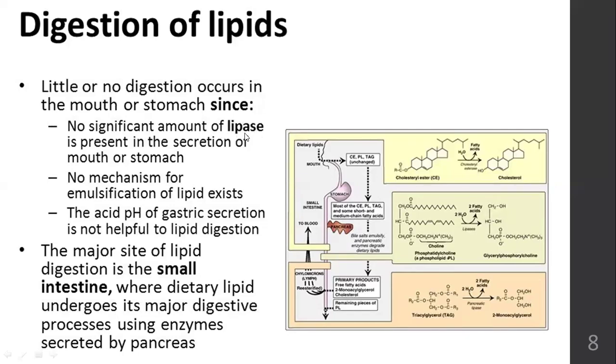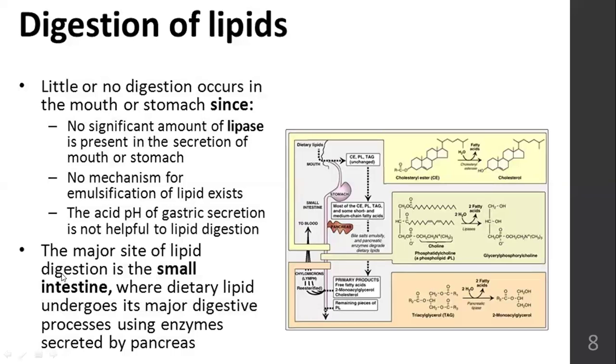Lipase is produced by your pancreas and secreted into the duodenum. The acidic pH of the gastric secretion is also not that helpful for lipid digestion. A certain degree of hydrolysis can take place, but not much.